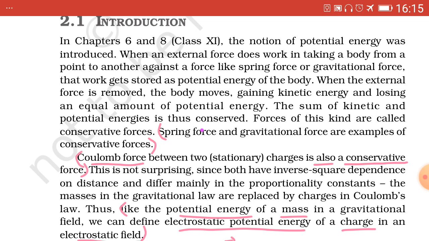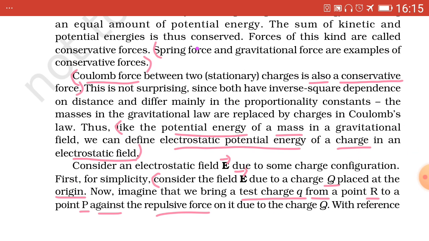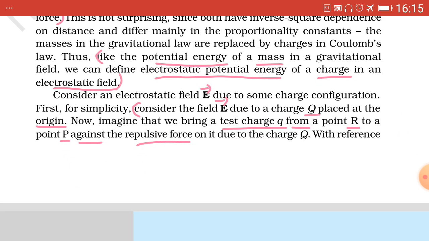Like the potential energy of mass in a gravitational field, we can define electrostatic potential energy of charge in an electrostatic field. That is, mass is analogous to charge and gravitational field is analogous to electrostatic field.